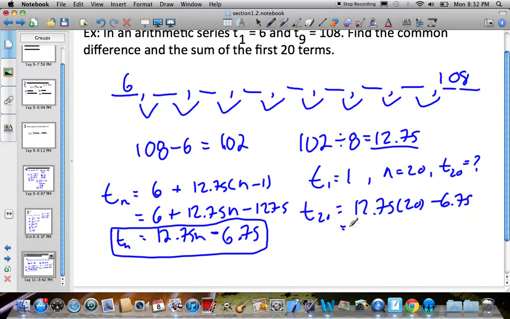So 12.75 times 20 is 255 minus 6.75, so we're looking at 248.25. So my last term of the sequence is that.